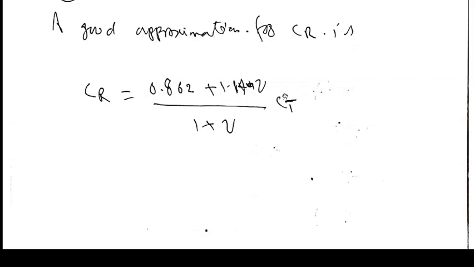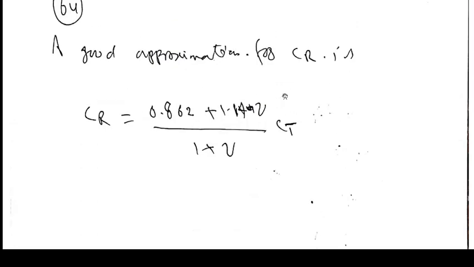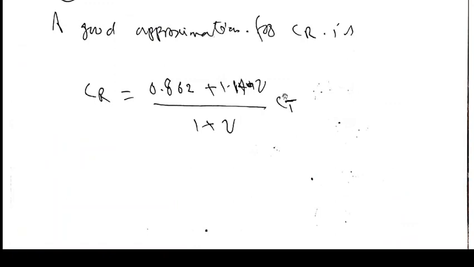Use that Ct and nu to find the relevant speed for that particular material. So the value of Cr is unique for one material: whichever material you use, you will have one value of Cr.